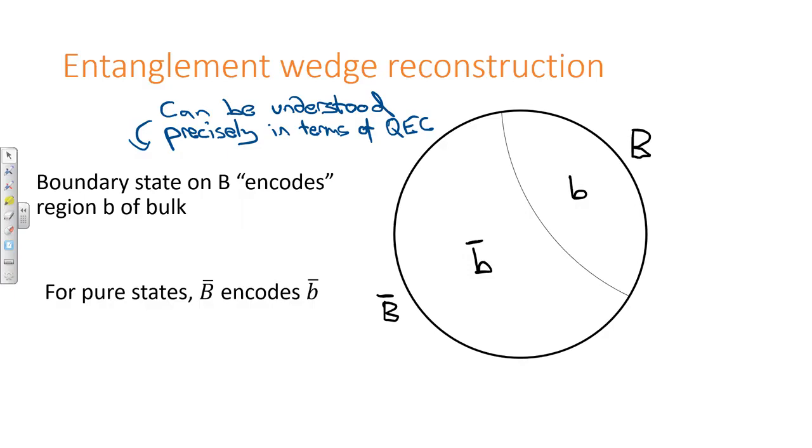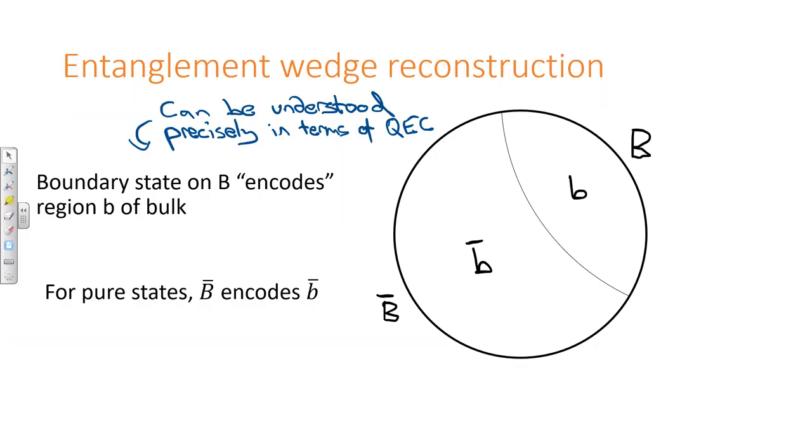There's an obvious observation, but it turns out to be important. If we look at this surface region big B bar, the complement of the region big B, and then apply the same quantum minimal surface formula that we applied before, as long as the state of our CFT and of the bulk quantum field theory are both pure, then the region dual to big B bar is in fact this region little b bar, the complement of little b.